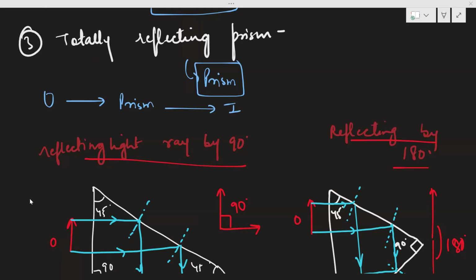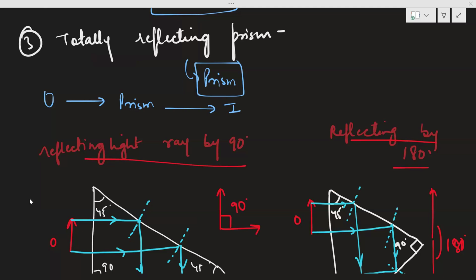The light ray is moving at 90 degrees and it strikes. If you look at the angle sum property, one angle is 90 degrees, and the other is 60 degrees when it's striking and going out, because the dotted line you have drawn is the normal.